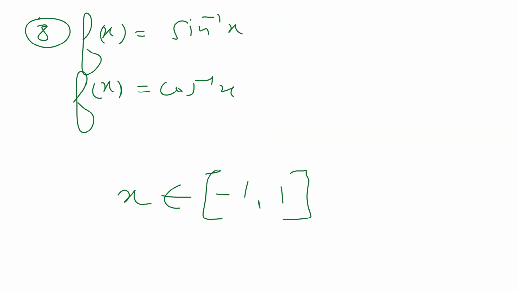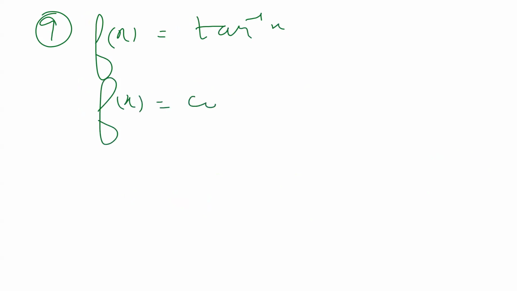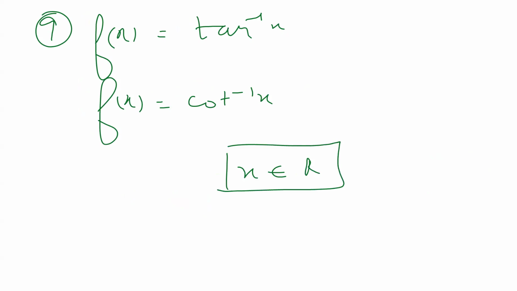So if x is equal to 2, the above functions are discontinuous. It is continuous only for the values between -1 and 1, including -1 and 1. F of x is equal to tan inverse x. F of x is equal to cot inverse x. So these are continuous at any real values of x.